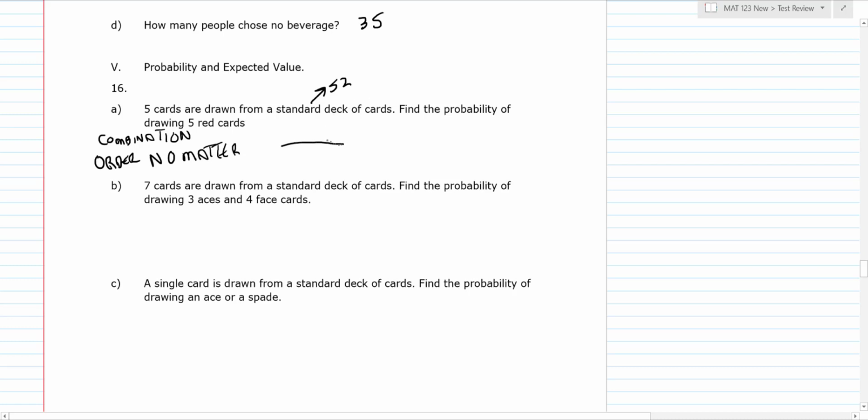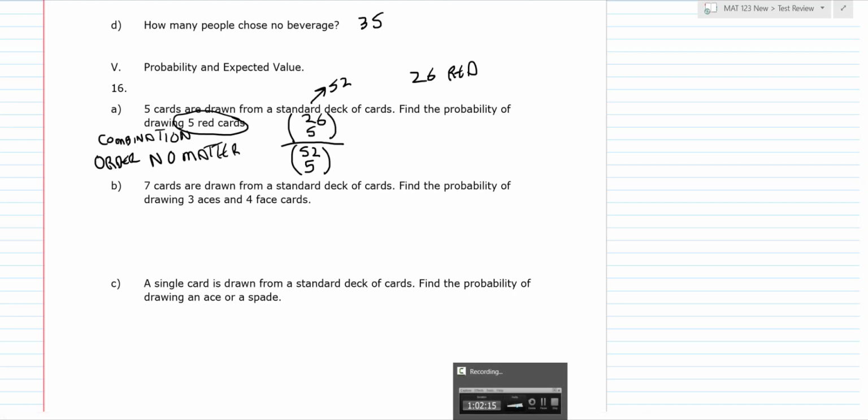The denominator is the grand total: you are choosing 5 cards from the 52 cards. What are you choosing? You're choosing 5 red cards, and there are 26 red cards in a deck. So you're choosing a combination from that 26. This is what you have to have on your paper. You want to have that set up.